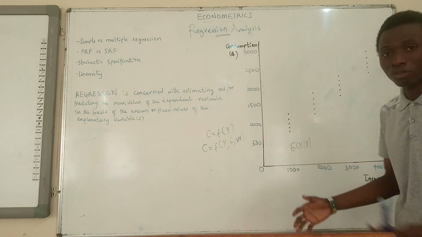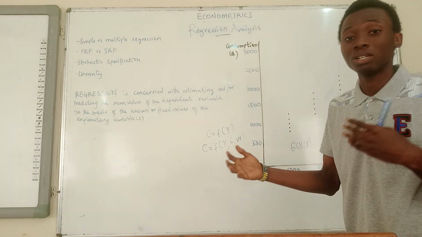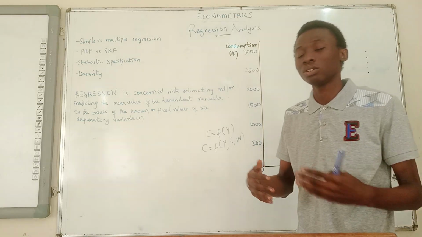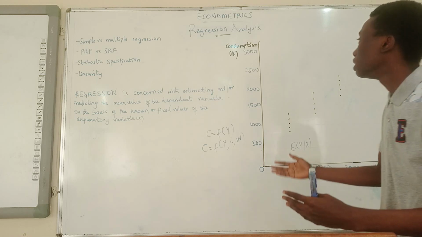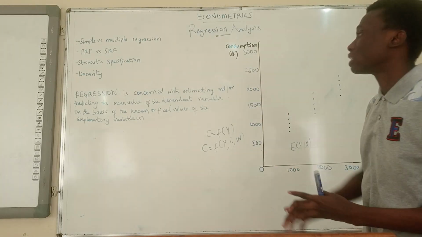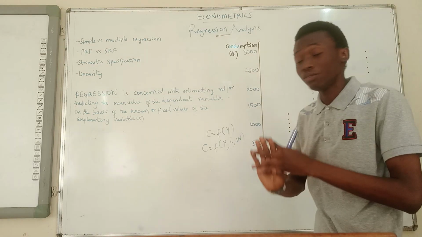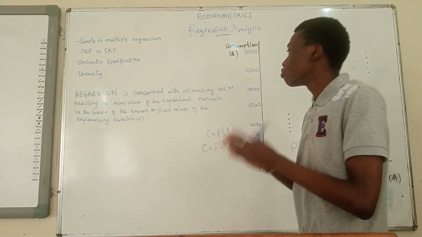You can put in more variables. If the interest rate is high, probably to encourage people to save, and if we assume that what is not saved is consumed, you'll consume less. So when we look at more variables that could be determining consumption, then we're looking at multiple regression. But for this video, we'll be focusing on the two variable case, the simple regression.